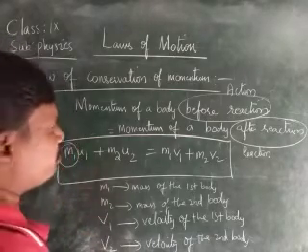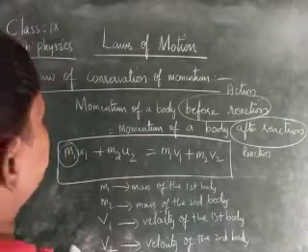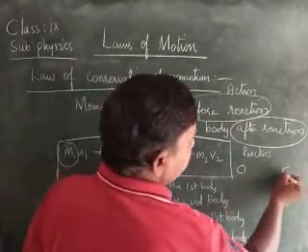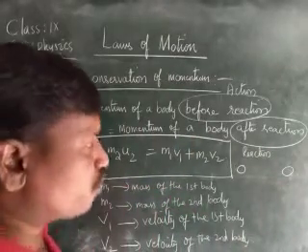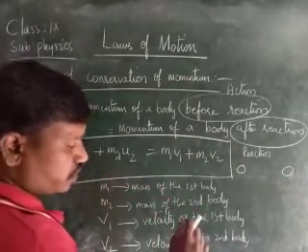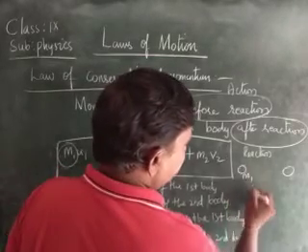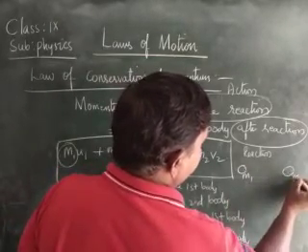What are m1, v1, m2, v2? What do the first body and the second body mean? Consider two balls, two marbles having different masses m1 and m2.